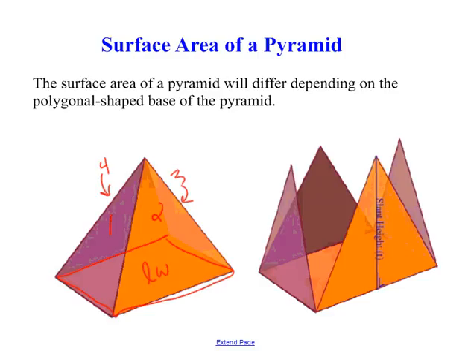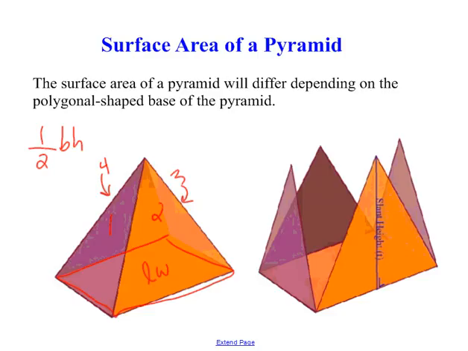Now remember, the area formula of a triangle is 1/2 base times height. Now some pyramids might have a pentagonal base with 5 sides, or a hexagonal base, or a heptagonal base. This will also increase the number of triangular faces the pyramid has. So the best way to calculate the surface area of the pyramid is to calculate the area of each side separately and add them together.